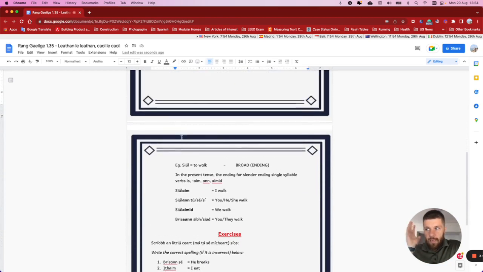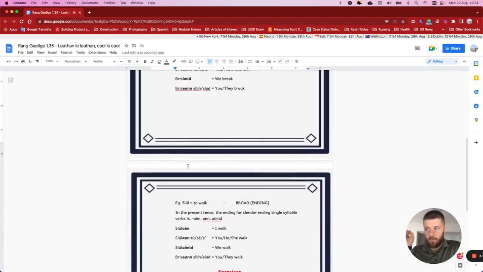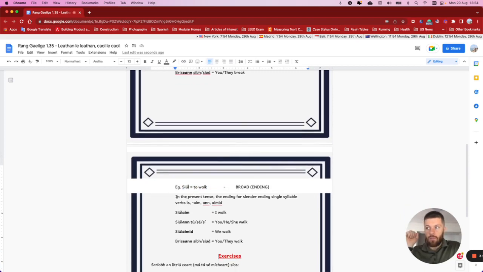Then we have the exact same concept, but for broad ending verbs. So siúil is to walk. Again, one syllable. In the present tense, the endings for broad ending single syllable verbs are aim, ann, and aimid. So always remember the ending and the last letter usually of the verb.